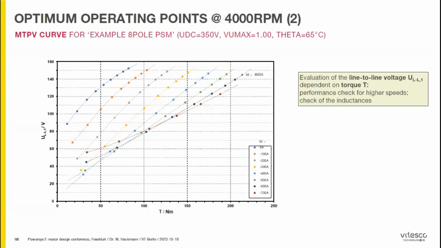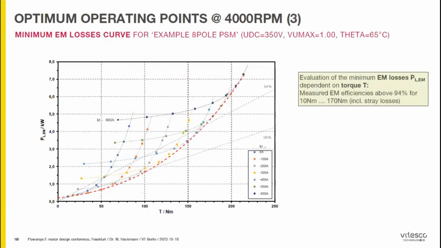And at last, we have to check the e-machine losses. Again the same situation: we have the torque on the x-axis and the machine losses, in this case without harmonic losses, so only the fundamental frequency losses. Again, here you see the curves for ID minus 600 amps, and here the other ones.